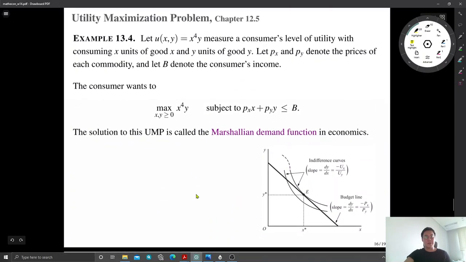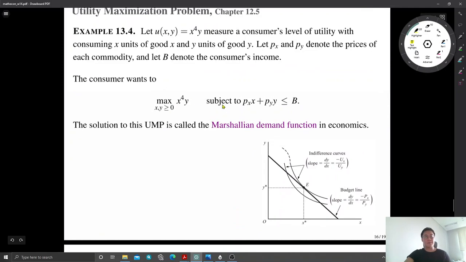All right, so using that, let me do one more example. That is a utility maximization problem. Now we have a different objective function. The budget constraint takes a very general form, but remember this is a linear function. Now we want to maximize this function over x and y, where px is the price of good x, a constant, and py is the price of good y, also a constant.